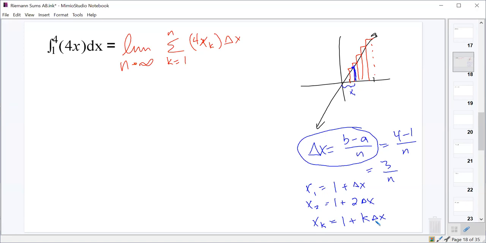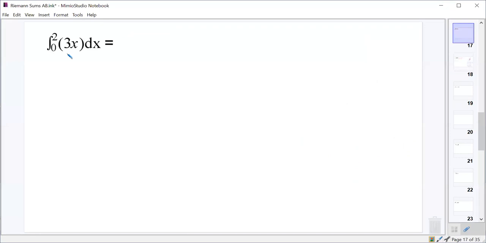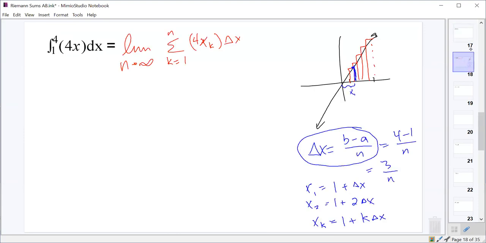And we'll note that no matter where I start, whatever my lower limit is, that's the value that's going to go in here as the 1 plus. If it was 2 to 4, it'd be a 2 plus, or if it was 0 to 4, it'd be 0 plus, which is kind of what we did here, right? In this one, our x sub k ended up just being 0 plus 2k over n. Well, now it's going to be 1 plus.